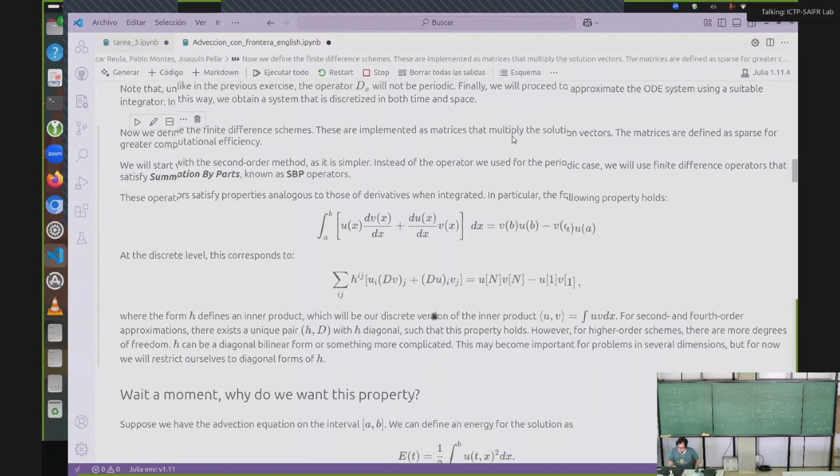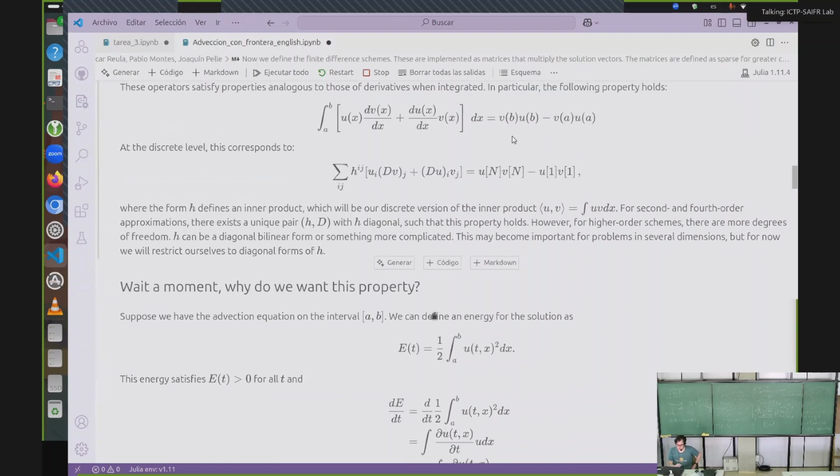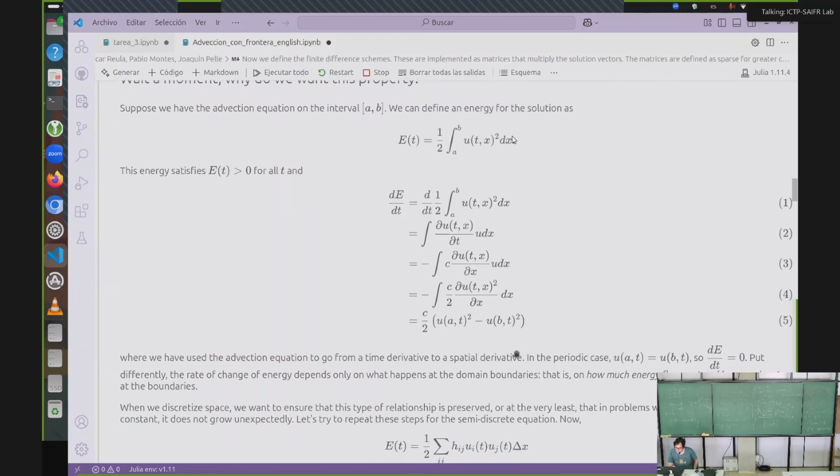And we want to do this just to make sure that our energy is well defined and that we can guarantee stability. Because in our energy, we will actually have this equation: the energy is 1/2 of the L2 norm of U. And when we derive this over time, we will get a term that has to do with the time derivative, which will transform into a spatial derivative.